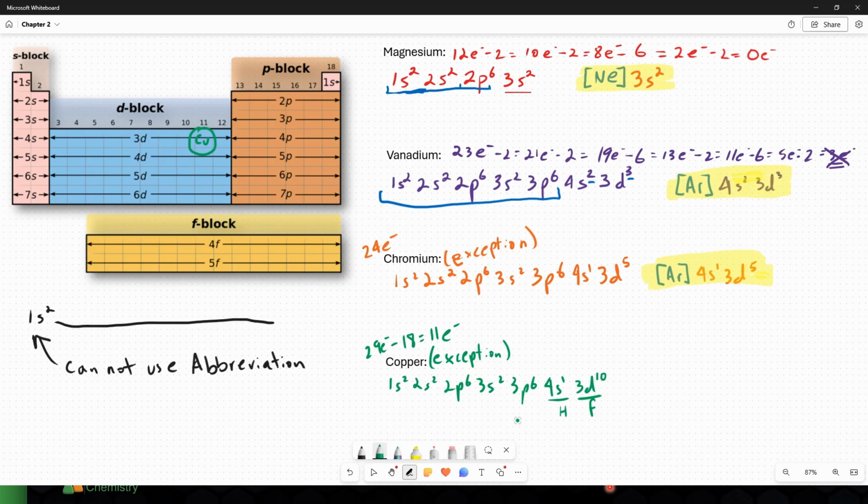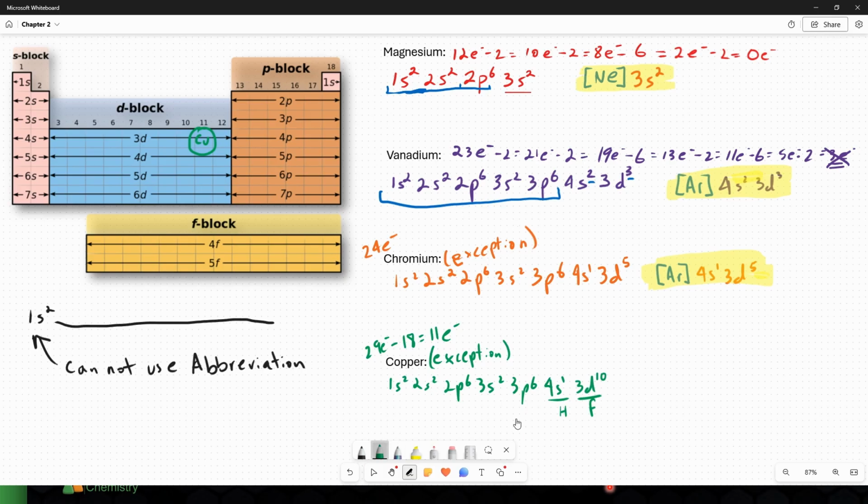And that's how the 11 electrons that are left over at the end are organized: 4s1, 3d10. So always remember, for chromium and copper, do not do the normal way. Make sure you only put 1 electron in that 4s and then fully fill the 3d for copper, or half fill the 3d for chromium.